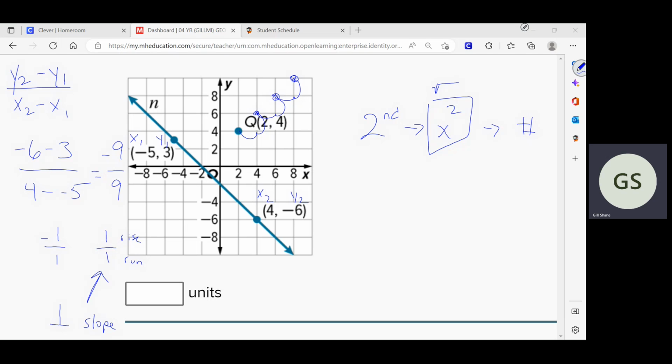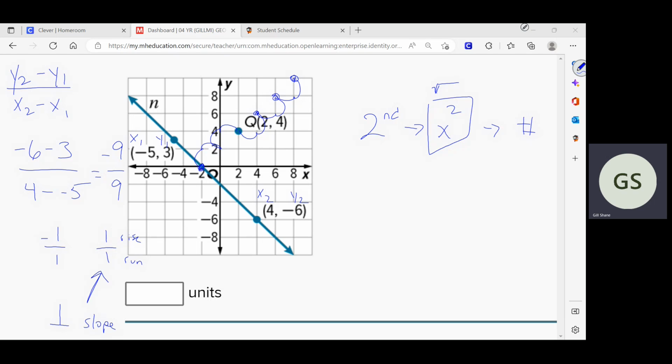Like if you created your own graph, that may not work. If this happens and you're going the wrong direction, and this is anytime you're graphing, anytime you're going the wrong direction, change both directions. So instead of going right one and up one, go left one and down one.